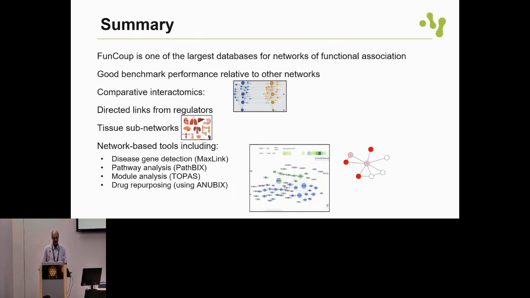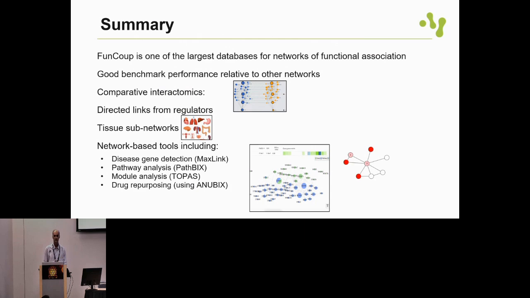So to sum up, it's one of the largest databases that's out there that has good benchmark performance. We have this comparative interactomics tool and directed links as unique features, plus also now the tissue subselection.